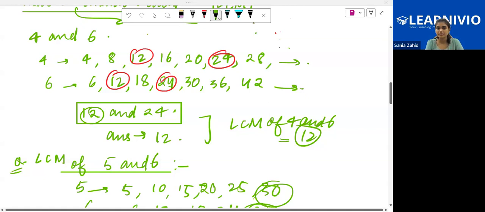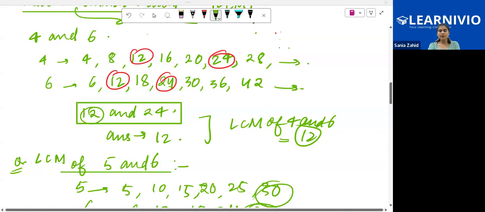So factors are basically, I'll just give an example. If you have the number 12, you just have to find out which numbers it can be divided by. Those numbers are called the factors of 12.